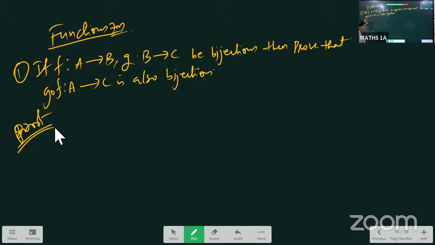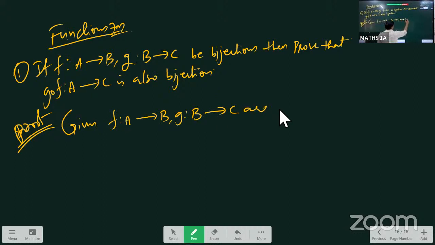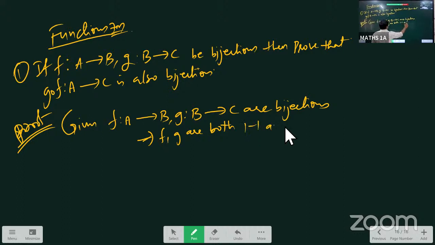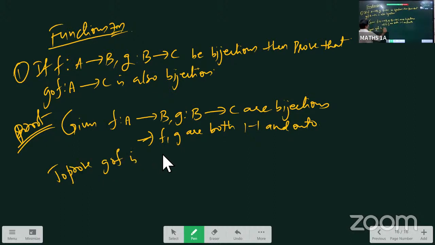Now listen carefully. What he has given is F is mapping from A to B and G is mapping from B to C are bijections. That implies F comma G are both 1-1 and onto. Now, to prove G circle F is 1-1.